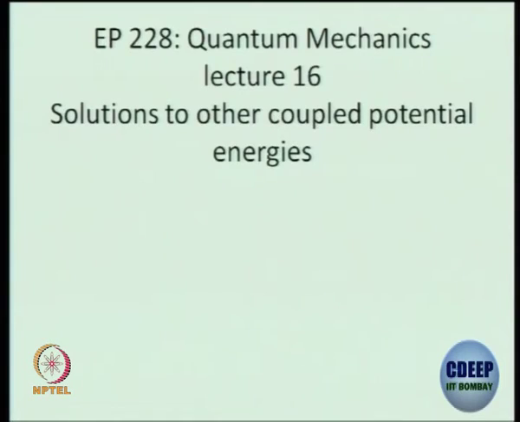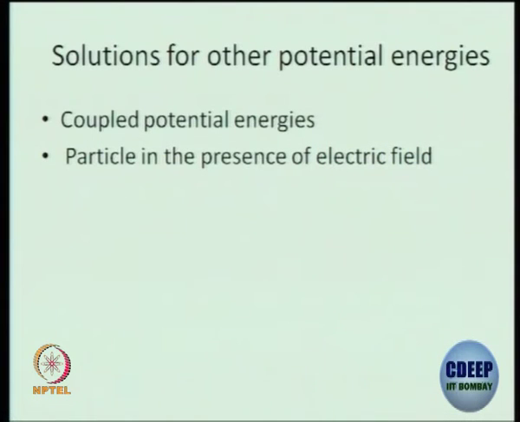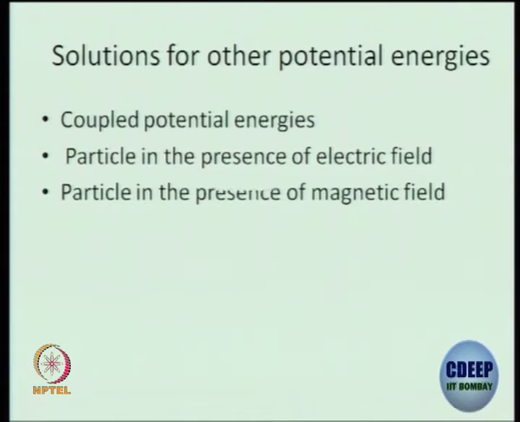Okay, so today I thought of a few quick questions one can ask for other coupled potential energies. You can have two coupled harmonic oscillators, a harmonic oscillator in the presence of an electric field, or a particle oscillating in a harmonic oscillator potential and also subjected to a magnetic field.